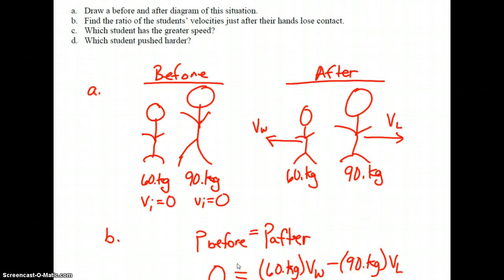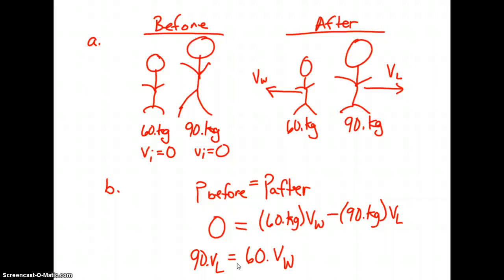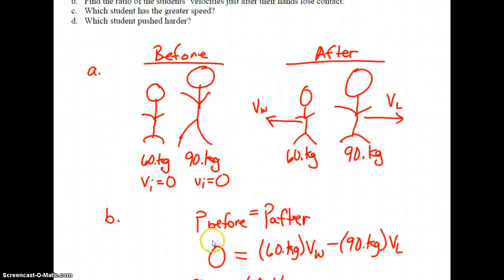We start with our conservation of momentum statement, P before equals P after. There is no momentum beforehand because neither one of these objects is moving. And then we have 60 kilograms times VW minus 90 kilograms times VL, because it's moving in the opposite direction. Adding the 90 VL to the left-hand side, we have 90 VL equals 60 VW.